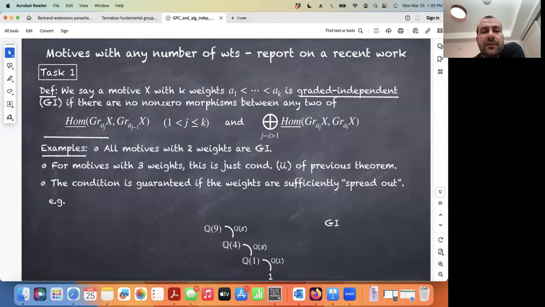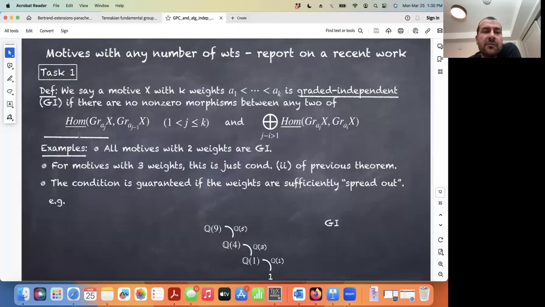Because if you have only three weights, you have Hom of grade 3 and grade 2, and Hom of grade 2 and grade 1. So no non-zero morphisms between them. Of course, there's a third thing here, which would be Hom of grade 3, grade 1. But just by weight considerations, the weight of this thing is too small to have any morphisms from these ones anyway. So when you have only three weights, you can ignore this one. It's automatic.